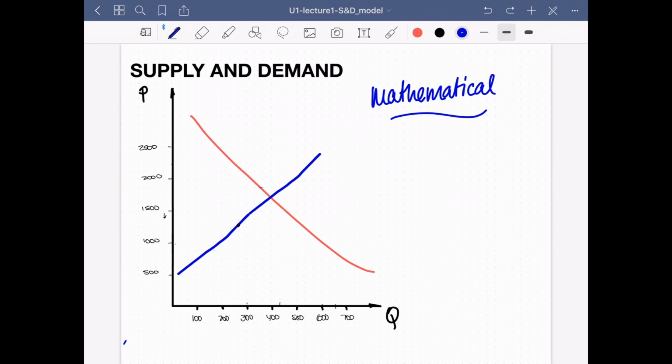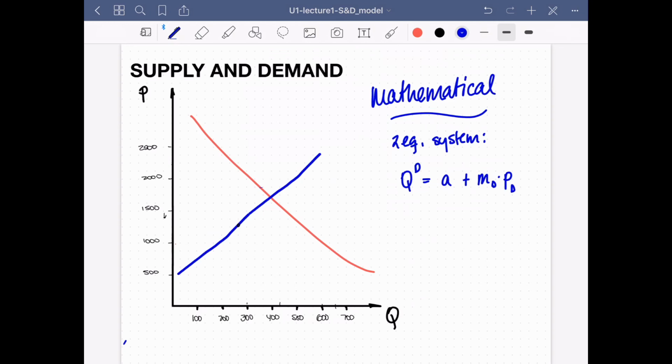Mathematically, in this model, what we're doing is looking for the intercepting point between two lines. So we have a system of two equations with two unknowns, price and quantity of equilibrium. So the first line is the demand curve. The quantity demanded is a constant plus the slope of the demand curve, MD, times the price of demand from the demand schedule.